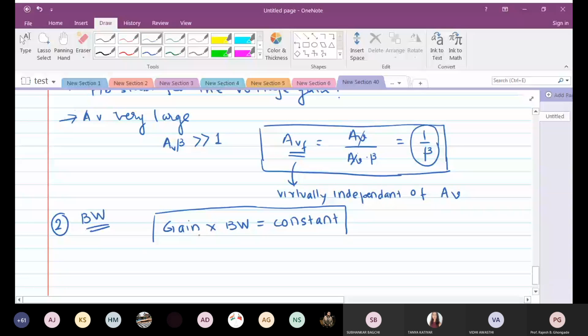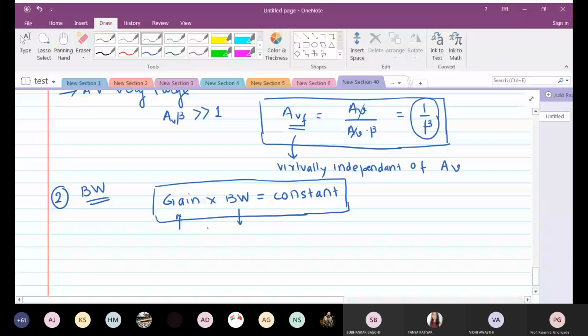What does this tell you? This actually tells you that if I increase the gain, my bandwidth will reduce. If I reduce the gain, my bandwidth will increase. Simple as that. Okay.